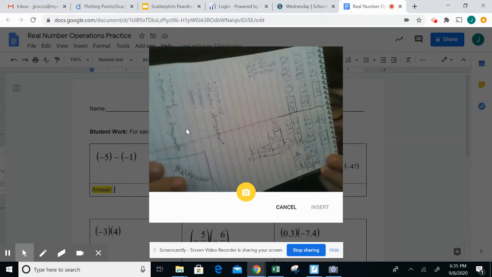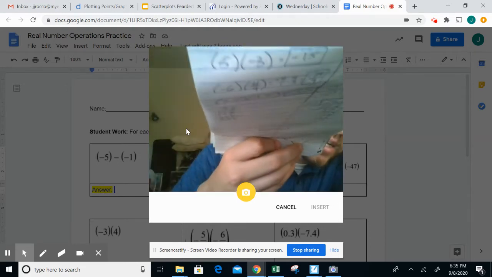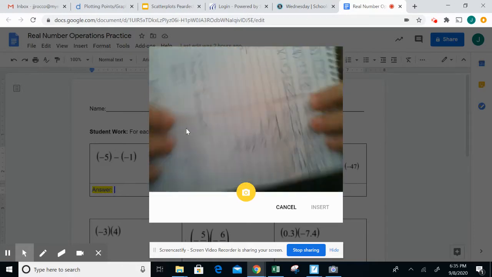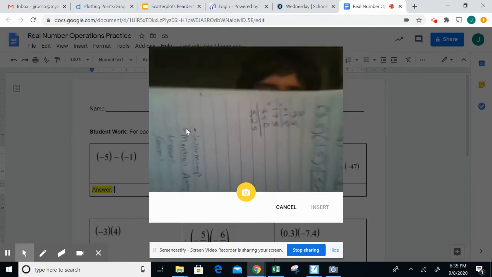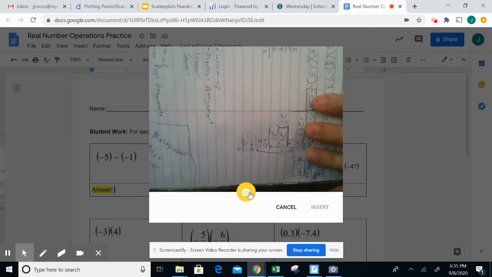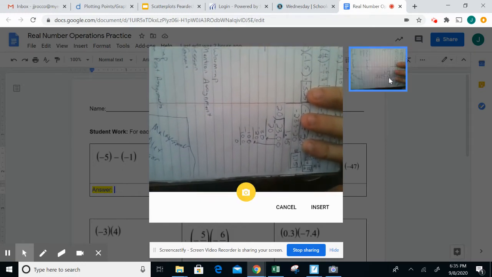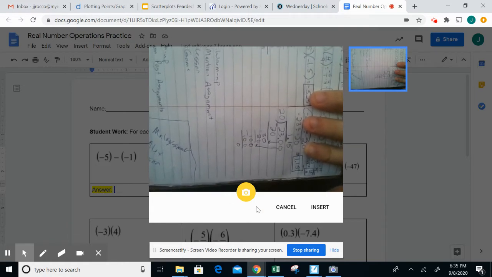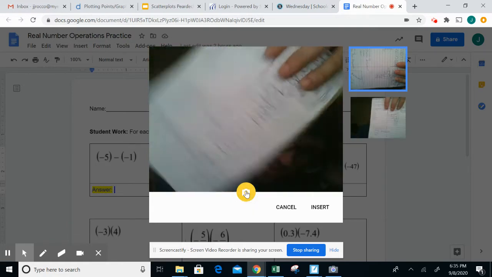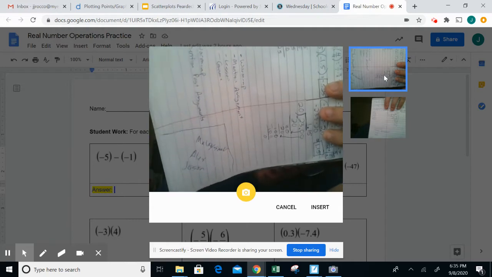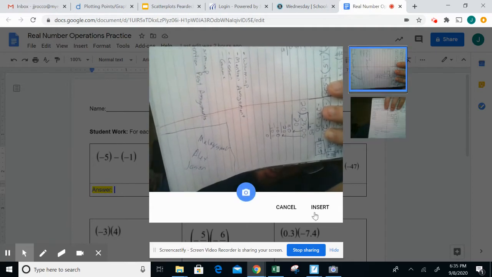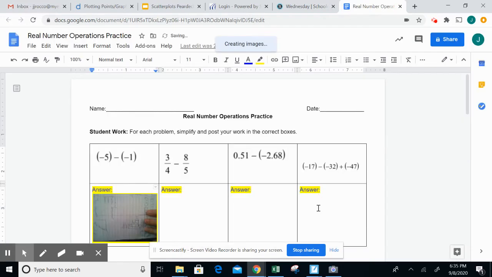Some people are taking a picture like this and I can't read that. Make sure it's centered and flat so I can read your work. You take the picture by hitting that button. Make sure you have the one you want highlighted and then hit insert and it ends up in your document.